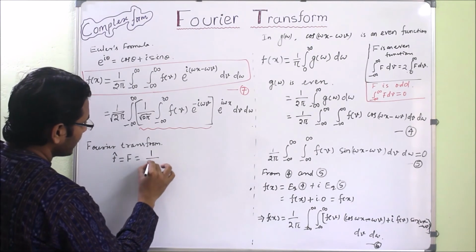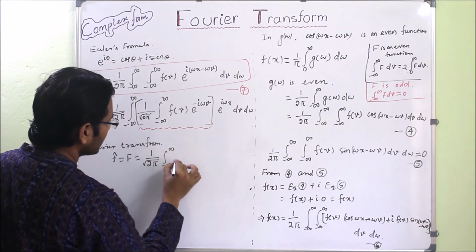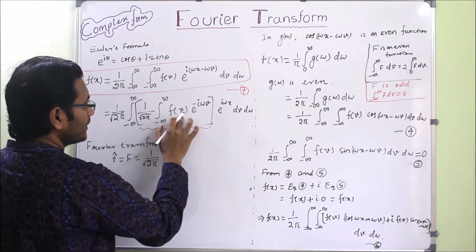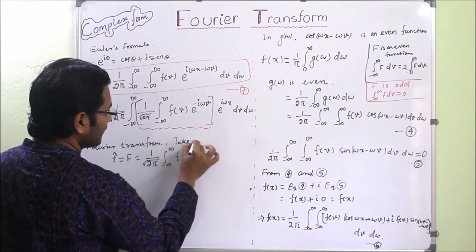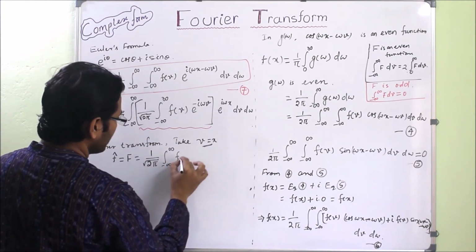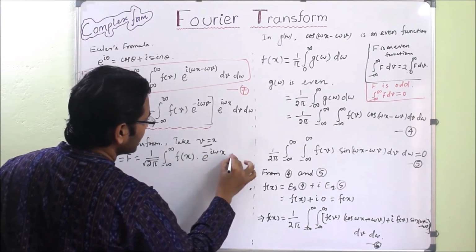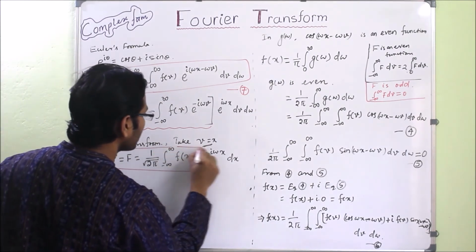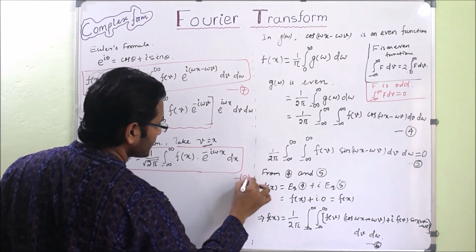So this will be 1 by square root of 2 pi, integral from minus infinity to infinity of f of, okay, as v variable is there, in place of v we take x. So it will be f of x into e to the power minus i wx dx. So this will be our Fourier transform of the function f of x. So here we are writing equation 8.